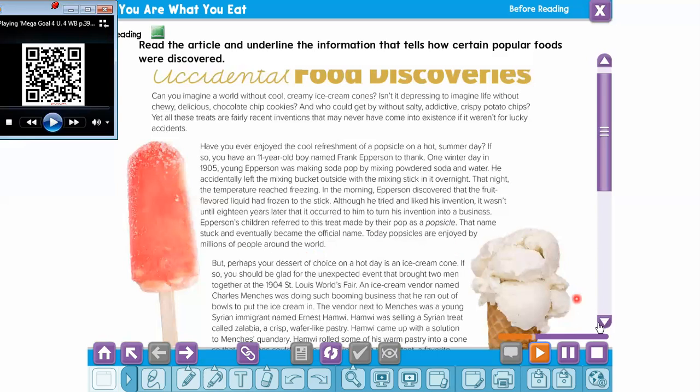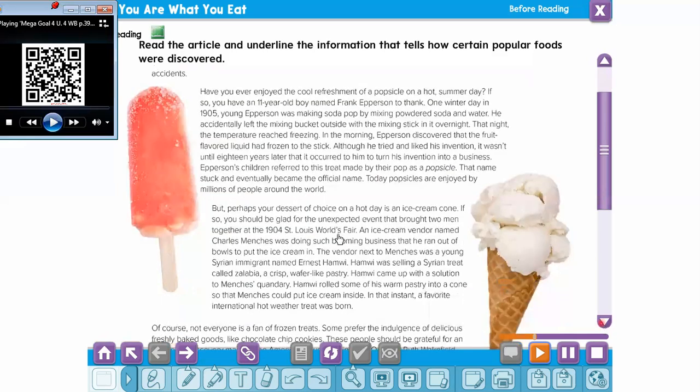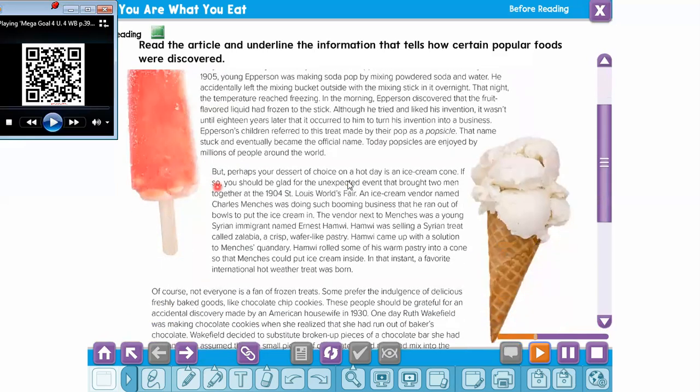But perhaps your dessert of choice on a hot day is an ice cream cone. If so, you should be glad for the unexpected event that brought two men together at the 1904 St. Louis World's Fair. An ice cream vendor named Charles Menches was doing such booming business that he ran out of bowls to put the ice cream in. The vendor next to Menches was a young Syrian immigrant named Ernest Hamwi.